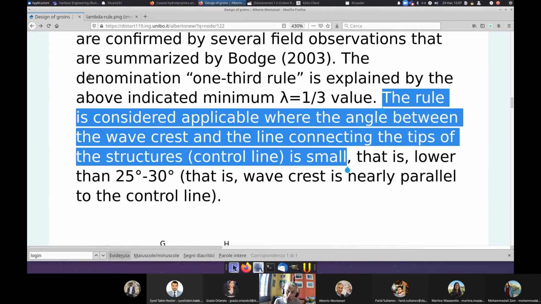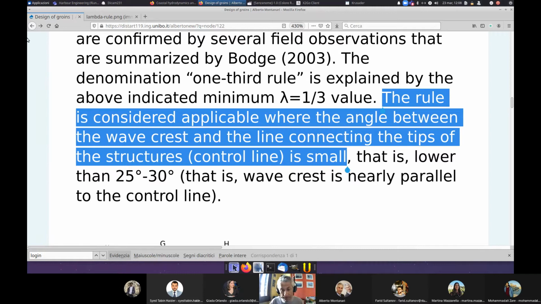And given that usually you use groins when waves are at an angle with respect to the shoreline, because you use groins when you have a component of wave velocity parallel to the shoreline, this means that it may happen that the control line is not parallel to the shoreline.